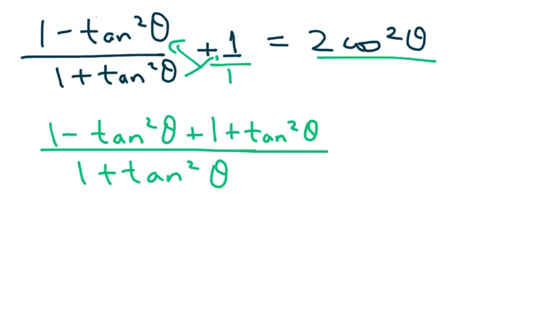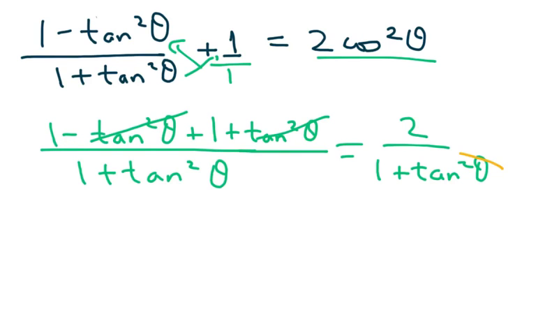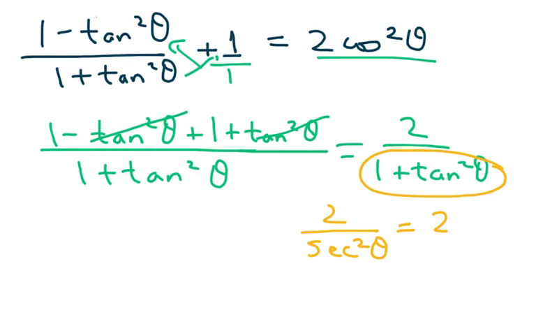Alright, and then these tans cancel, and you get 2 over 1 plus tan squared of theta. Now, with your Pythagorean identities, 1 plus tan squared of theta is secant squared of theta, and this equals 2 times cosine squared of theta. So these two match, and we're good.